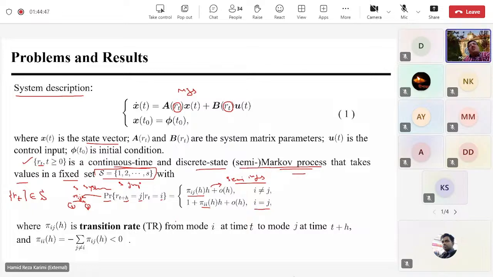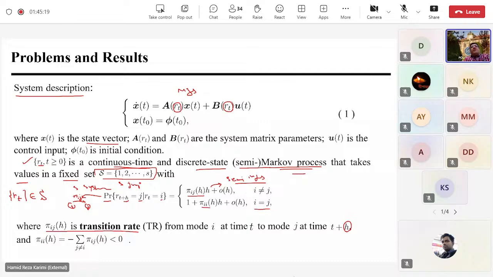Okay, so pi_ij is the transition rate from state i to state j. Now if you want to make h too small, because h is the time, like a sampling time, it becomes more important in the context of the semi-Markov chain, because in the semi-Markov chain your transitions are a function of h.